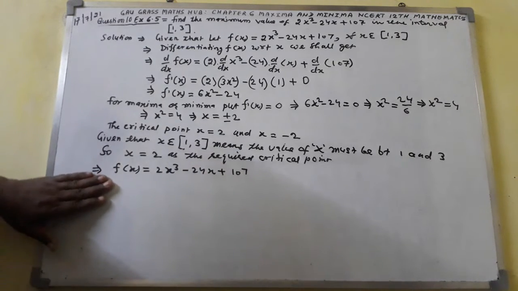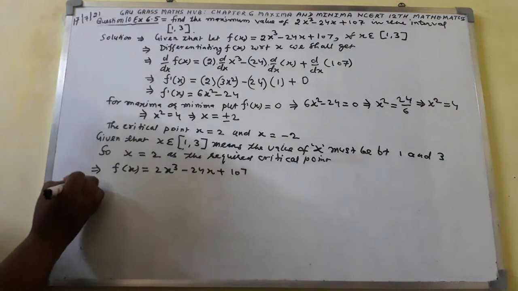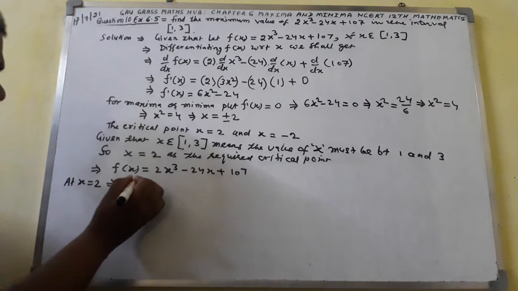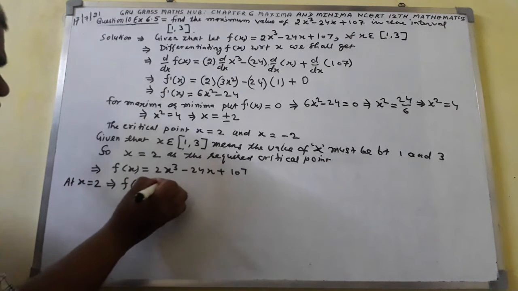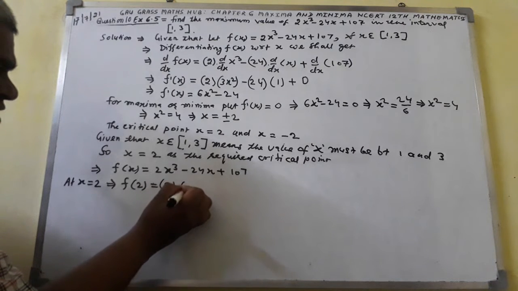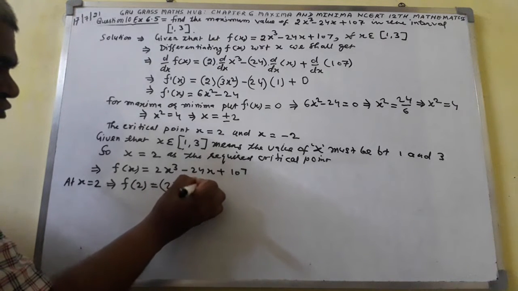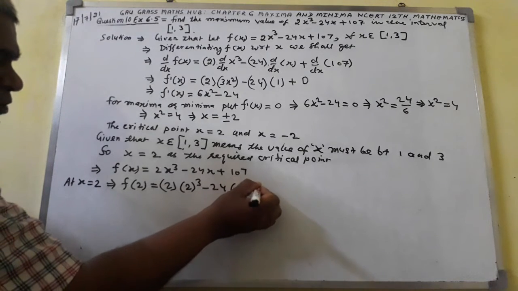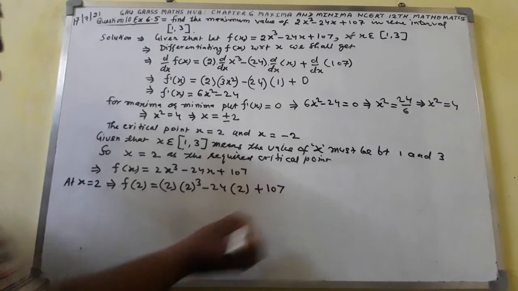So here I shall write at x equal to 2, implies that f of 2 equal to 2 into (2) whole cube minus 24 into (2) plus 107.